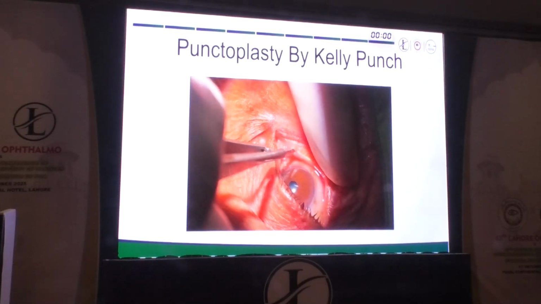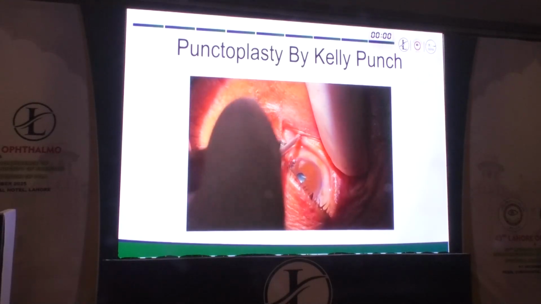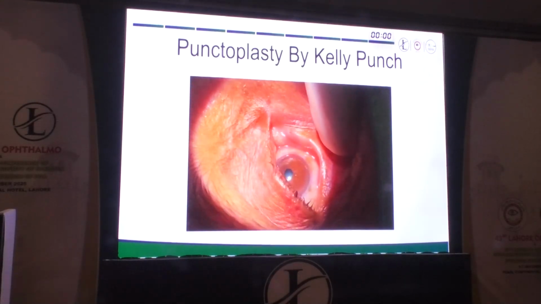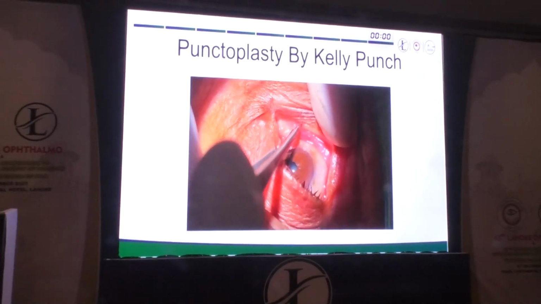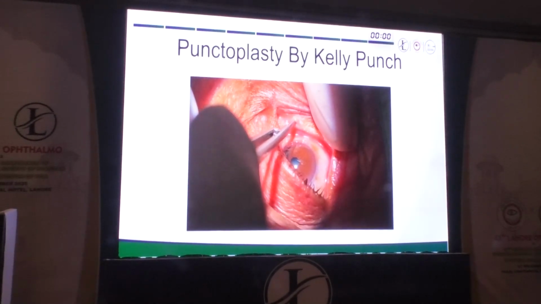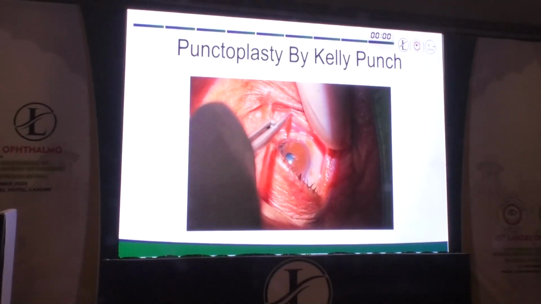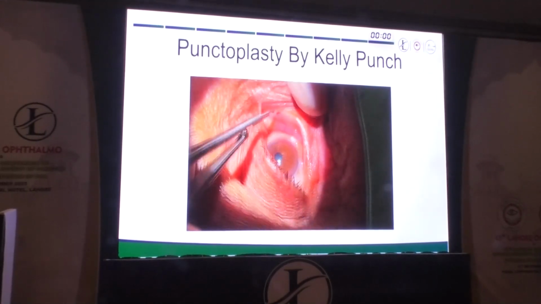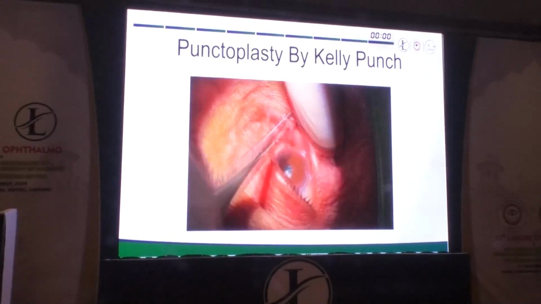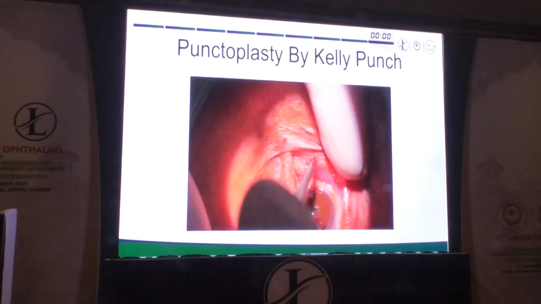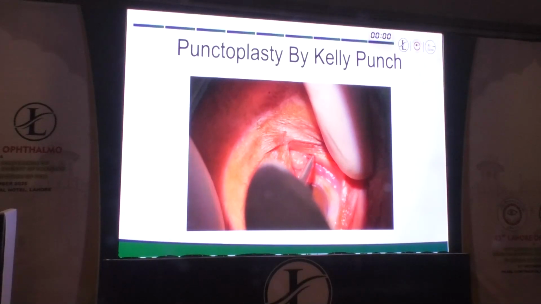You can use this punch. It cuts very nicely, and usually the bleeding is much less in this procedure. So you can make about 3 or 4 punches to make the opening larger.